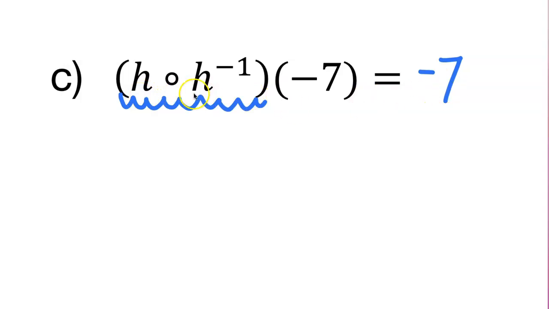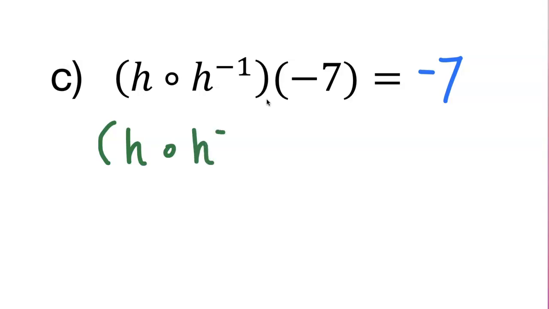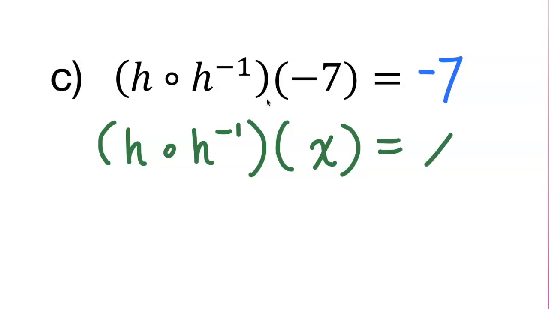So that's going to be true for any function and its inverse. So I can ask you to do something like, what is h composed with h inverse of any x? Guess what the answer will be? Just x. Because an inverse and its original function undo each other. So whatever went in as your original input will come straight out.